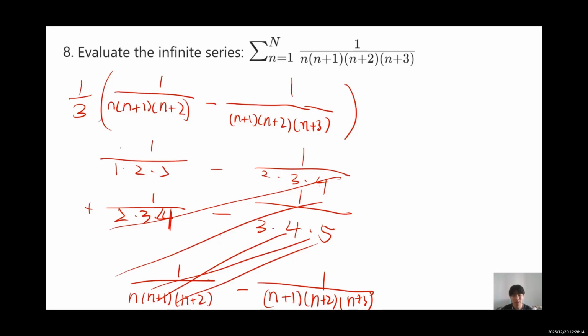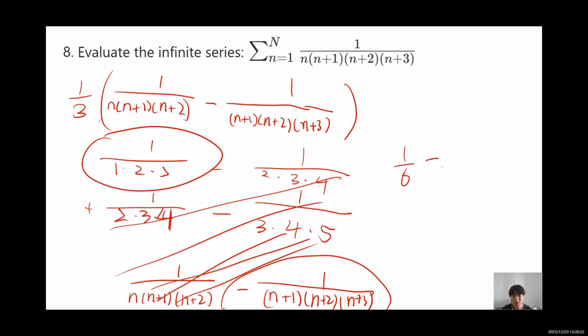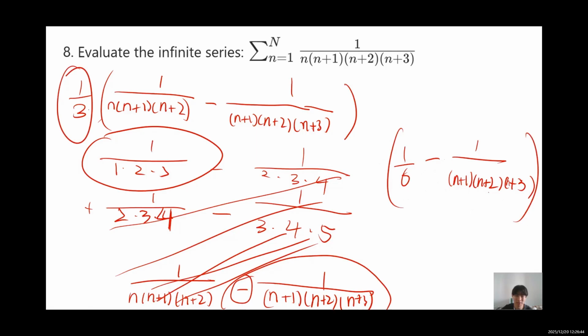Then we only have this one and this one here. 1, 2, 3 is 1 over 6, minus this. Don't forget the sign. Don't add it. 1 over n plus 1, n plus 2, n plus 3. And don't forget the 1 over 3 at the very last. So this is the final answer.